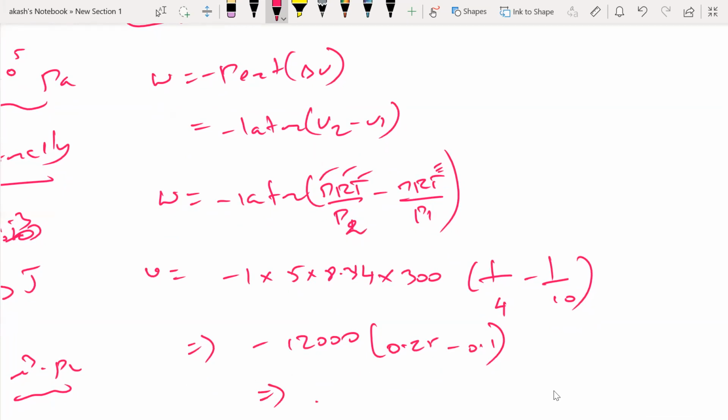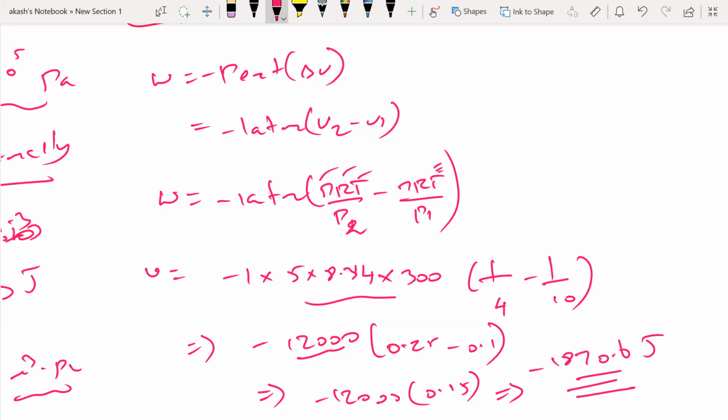So you should be getting minus 12,000 into 0.15. These are some approximations here, but if you do the calculations perfectly, you should be getting the value as minus 1870.6 joules.